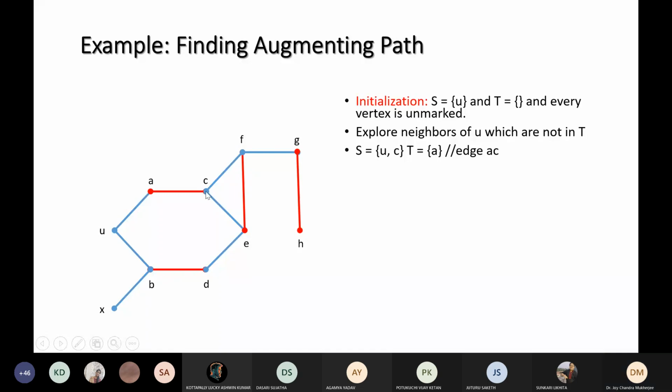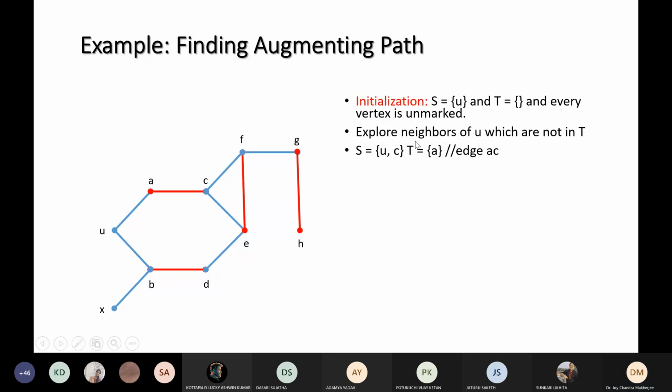So S contains U along with all the vertices that can be reached through some saturated edge in the M-alternating path.